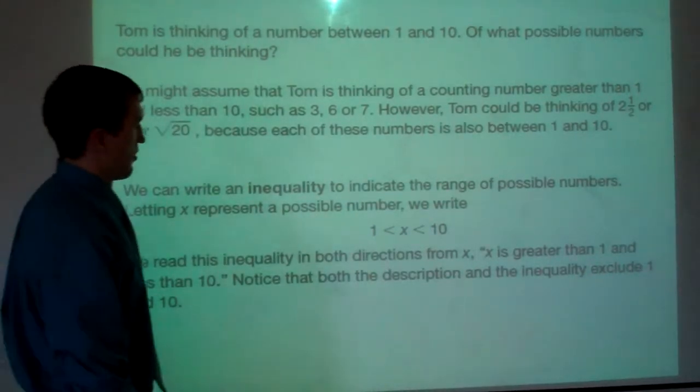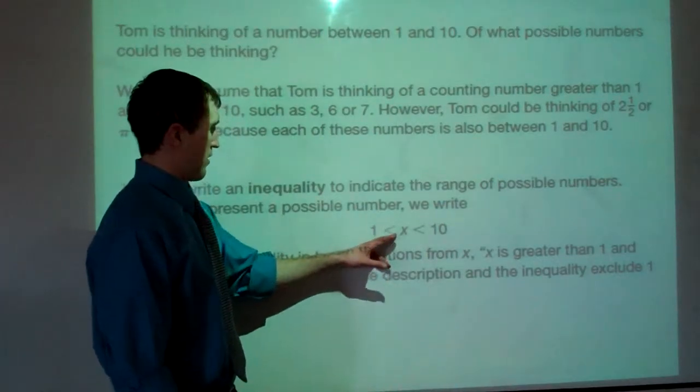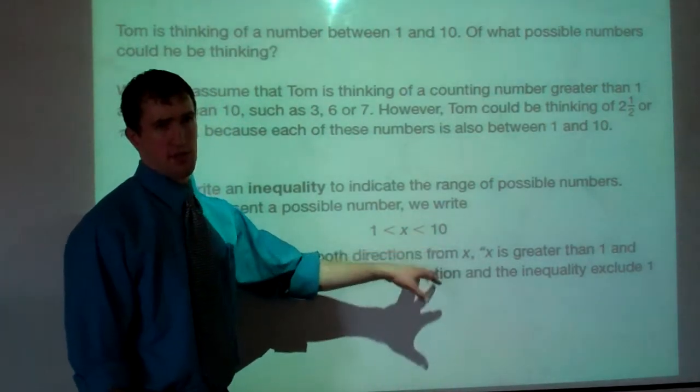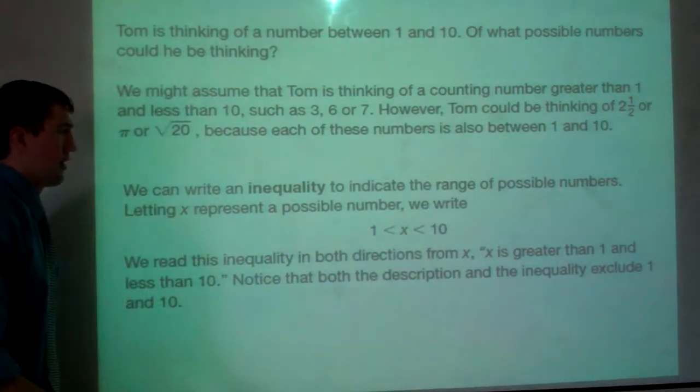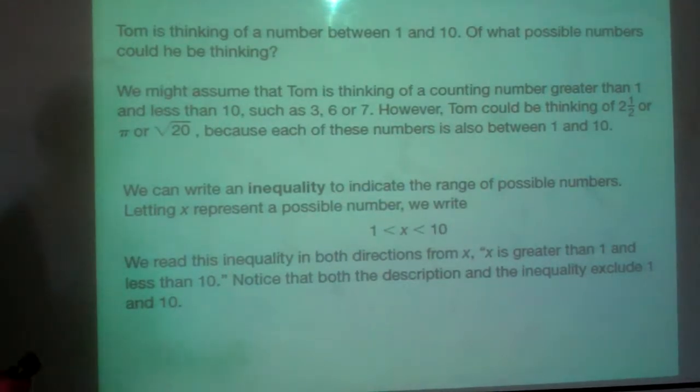Okay, so we don't have greater than or equal to or less than or equal to, which I'll show you in a second. This is just greater than and less than. So we're not including 1 and 10 because we're only talking about the numbers between 1 and 10, not 1 and 10. If that makes sense.